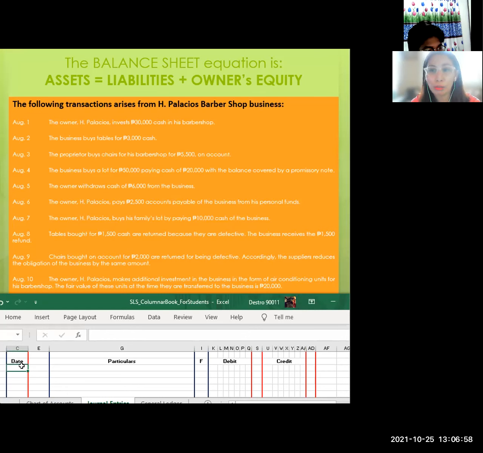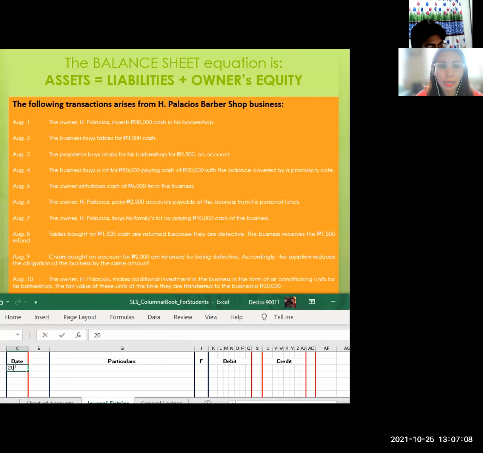The date comprises of the year, the month, and the day. So let's assume since walang year nakalagay, it's 2021. And then August. Then I think we ended sa August 6. So let's answer again number 6 transaction.